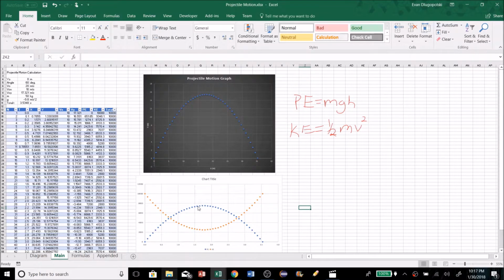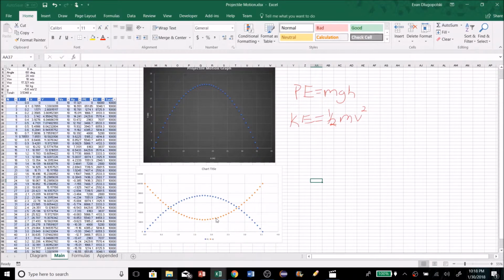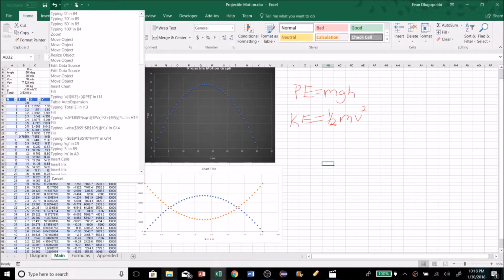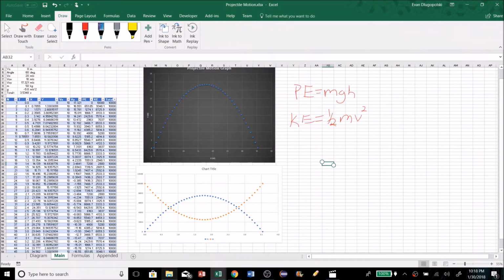And then as the ball goes through its flight path, right at the peak here, we can see the potential energy maxes out and the kinetic energy is at a minimum. And what's important to note here is that the kinetic energy never reaches 0 because, and I'll switch to draw mode again to explain this, even at the peak of the arch, when the ball is right here, it still has an x vector.